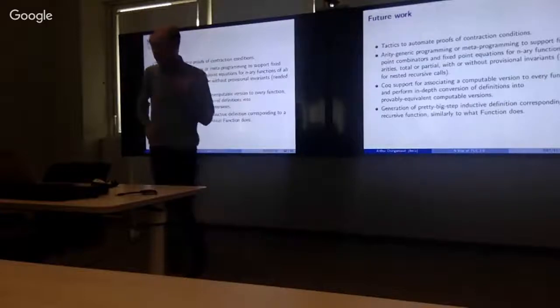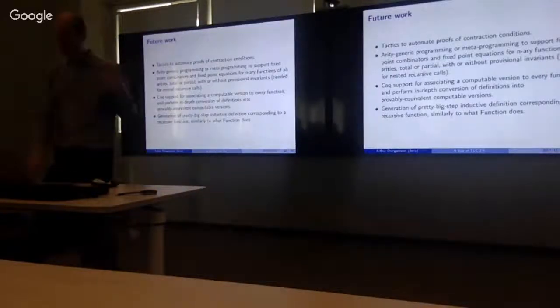Okay, some future work. Just to mention, I've used this trick in the CFML project. So in CFML, application of imperative code. I used to have a Caml code that takes some Caml source code and produces some Coq axioms describing the source code.